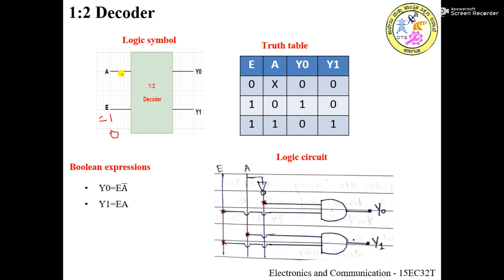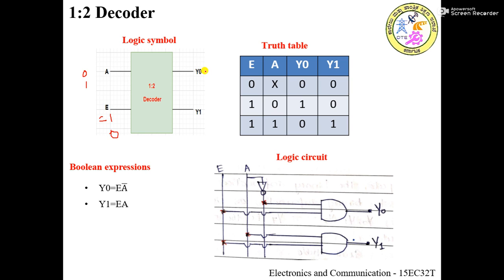With a single input, I can have two possibilities. A can be 0 or A can be 1. So it is having only one bit of binary information. This binary information is to be decoded onto the output lines, that is Y0 and Y1. Whenever A is equal to 0, only Y0 is activated.